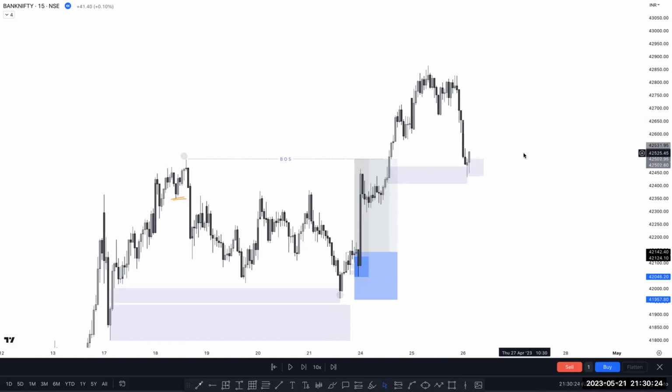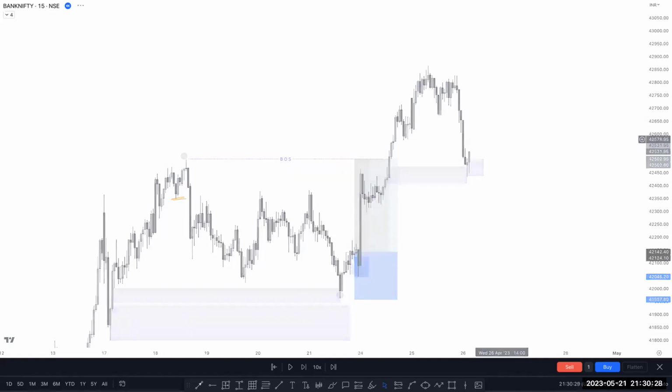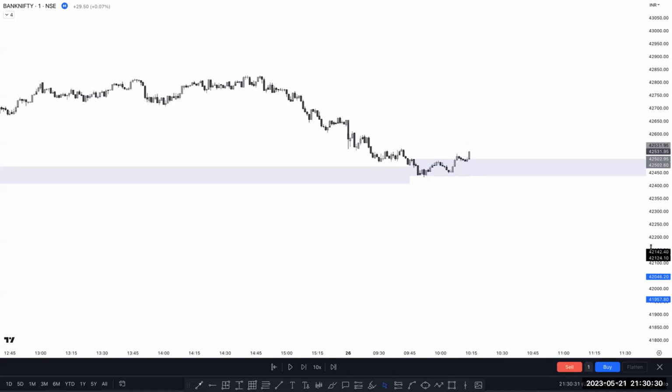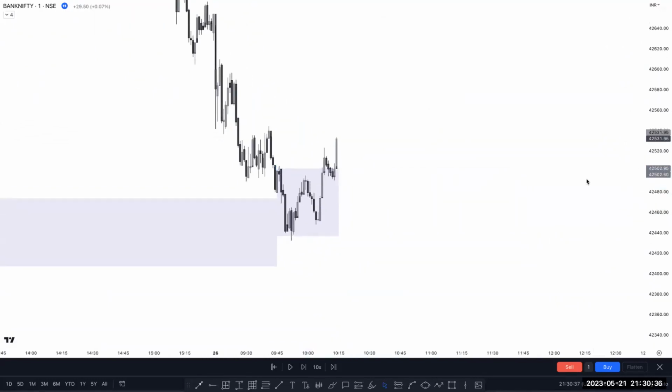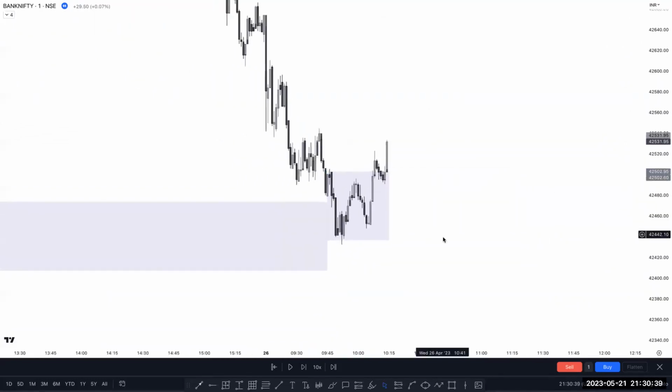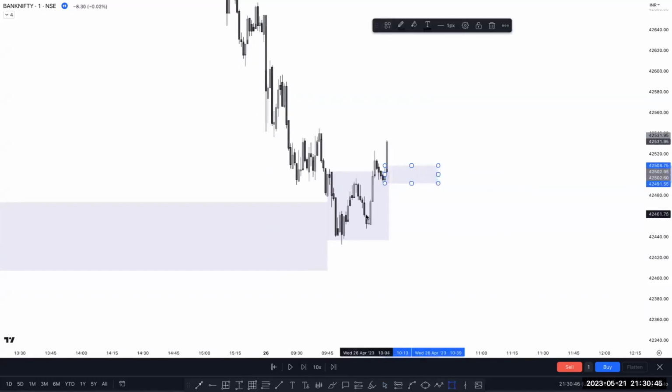So if you want to refine this zone in a 1 minute time frame, you can also refine like this. First of all, you have to identify how many unmitigated PY, unmitigated order blocks are here. First one and extreme, only 2 PY, right?